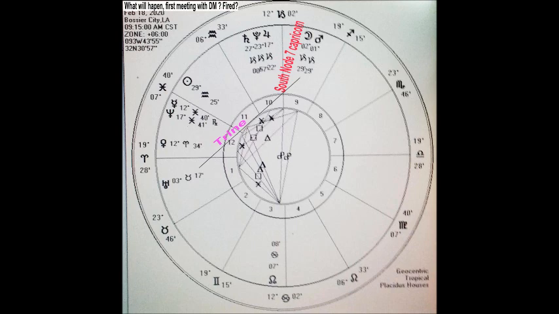This has to do with the speed of the Sun, which travels at 0 degrees, 59 minutes and 8 seconds, and the Moon travels at 13 degrees, 11 minutes. You can add about 1 degree and 6 minutes a month for the Moon for progression.